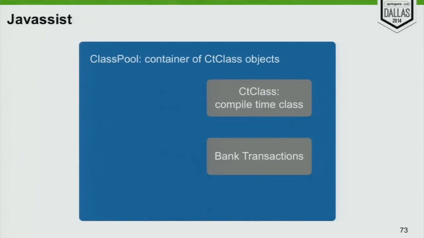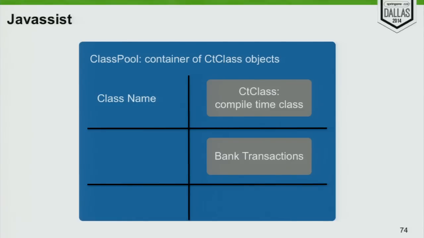And those objects are going to be stored in what's called a ClassPool. It's a container of CtClass objects. And if you look at the implementation, it's a hash map, where the key is the name of the class and the value is the CtClass object. So our BankTransactions is going to have the key BankTransactions with our CtClass object as the value.